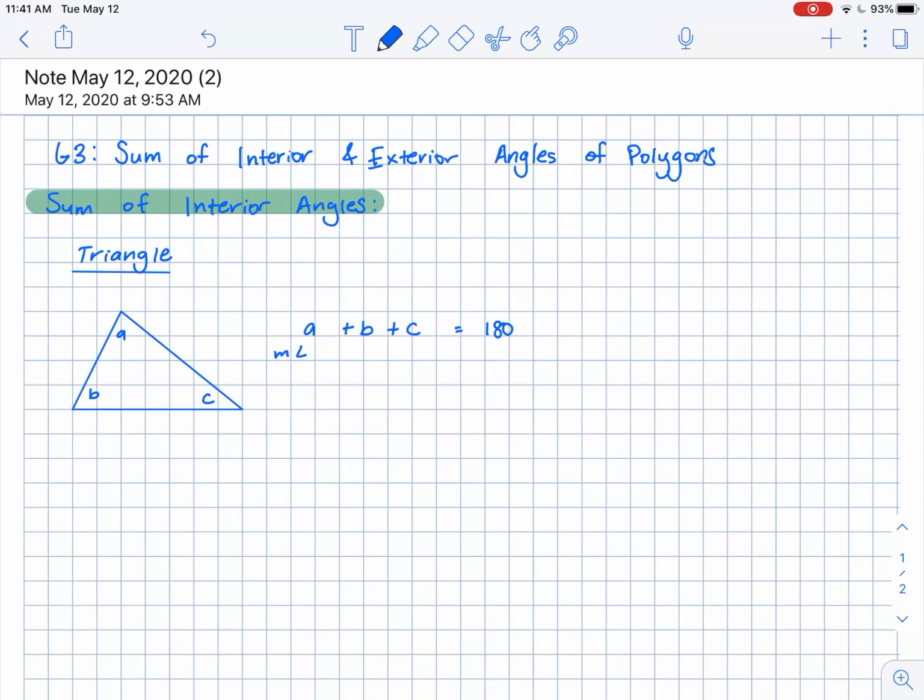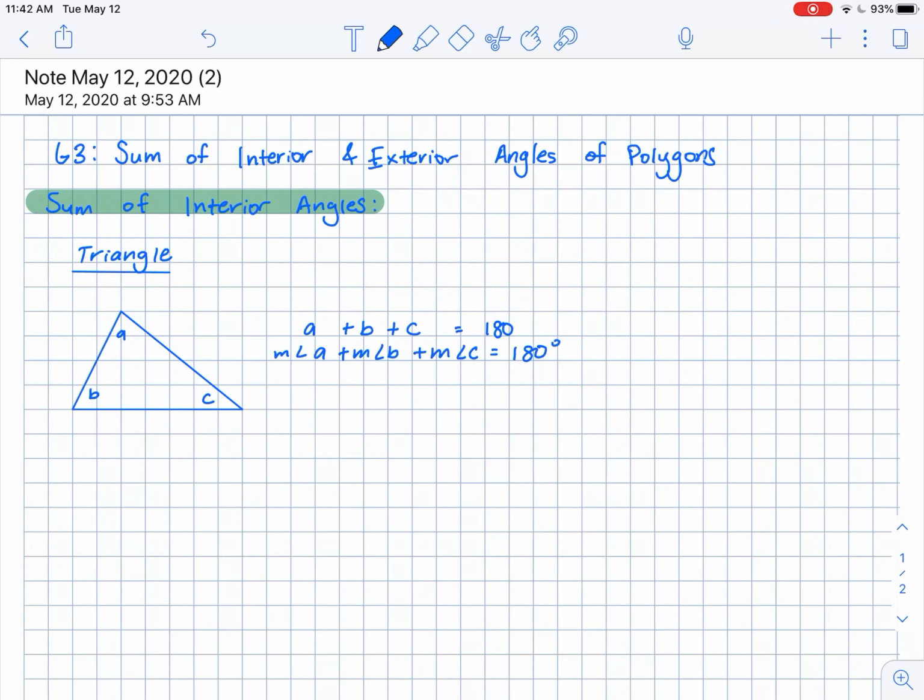If you want to be specific, you could write it out like this: the measure of angle A plus the measure of angle B plus the measure of angle C equals 180 degrees. So the angles inside of a triangle always add up to 180 degrees.